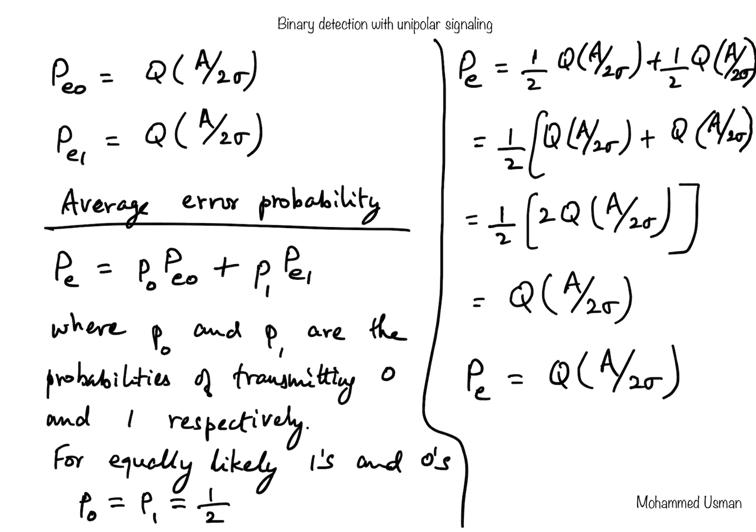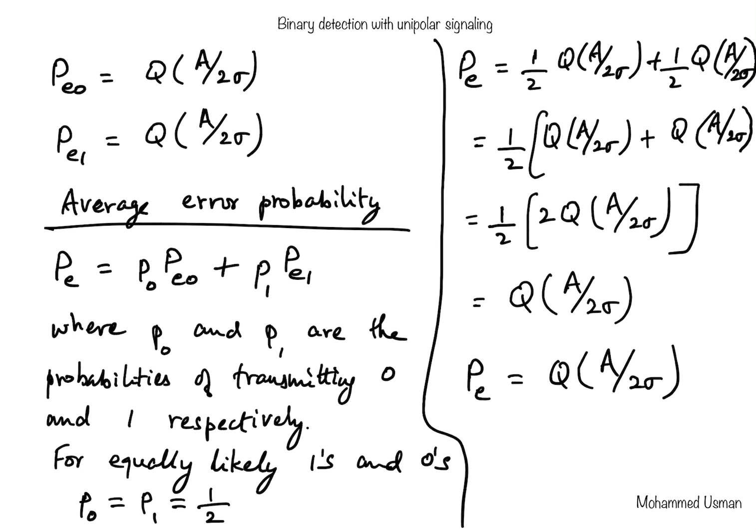Okay, so that's the expression for the average error probability for unipolar signaling, that is binary unipolar signaling in the presence of additive white Gaussian noise, when the ones and zeros are equally likely to be transmitted. That means the probability of transmitting a 0 and the probability of transmitting a 1 is equal to half.